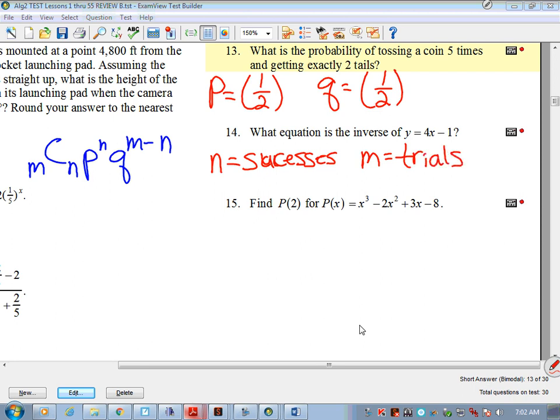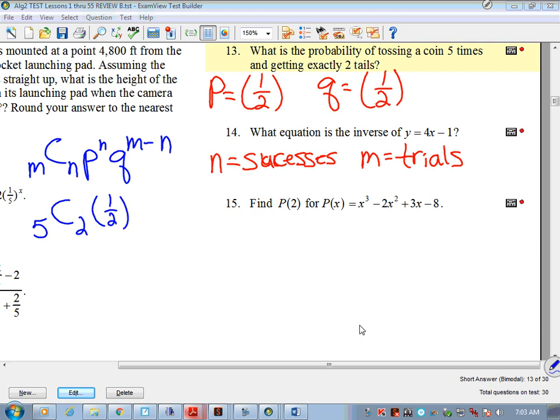Okay, so let's use that information and what we see there. What is the probability of tossing a coin 5 times? Well, 5 is the number of trials. So we're going to have 5 for M there. We're going to use our combination. N is the number of successes. We need exactly 2 successes. We're going to multiply that.